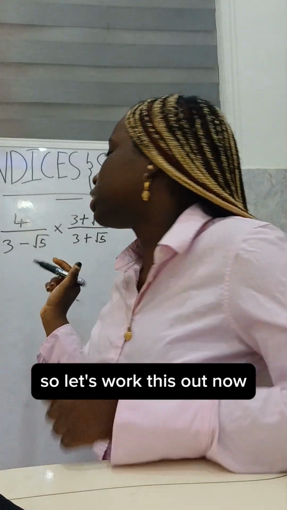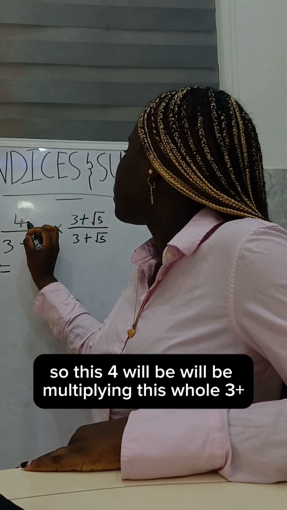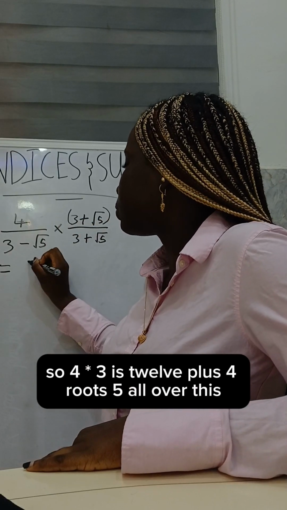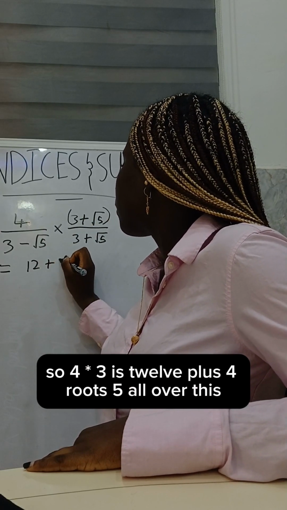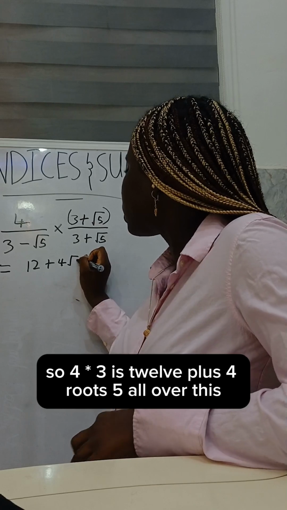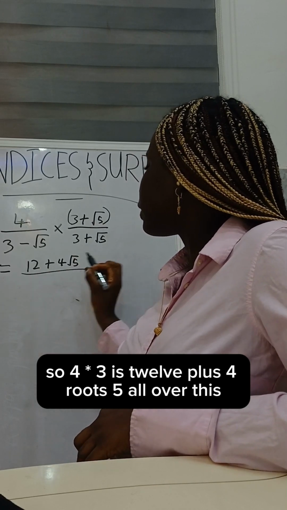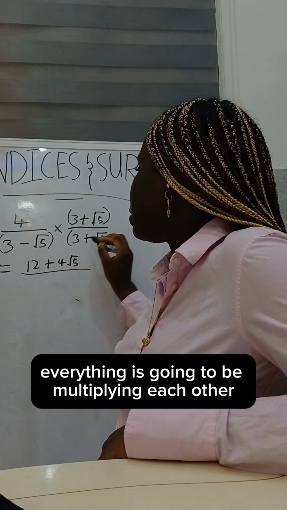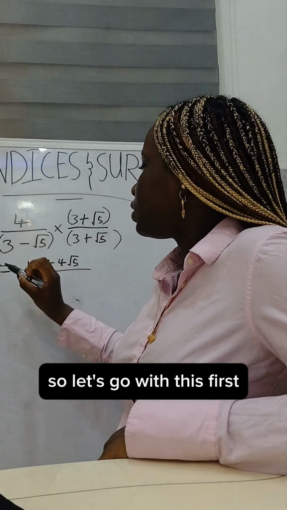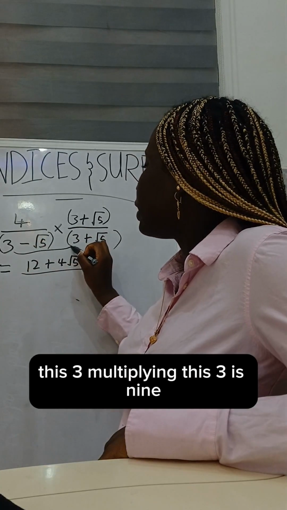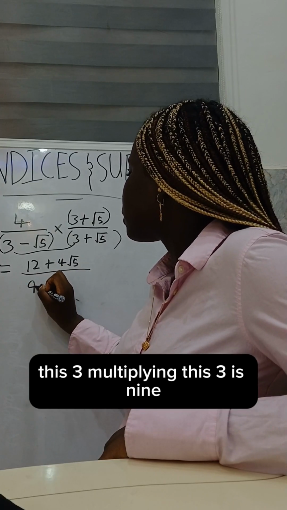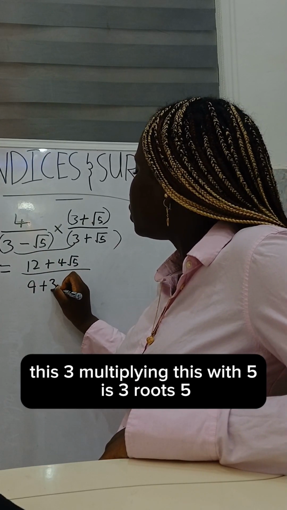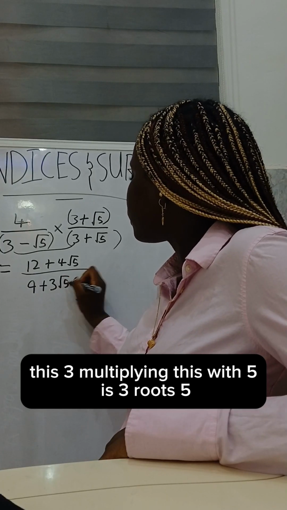So let's work this out now. So this 4 will be multiplying this whole 3 plus root 5. So 4 times 3 is 12 plus 4 root 5, all over this times this. Basically, everything is going to be multiplying each other. So let's go with this first. This 3 multiplying this 3 is 9. This 3 multiplying this root 5 is 3 root 5.